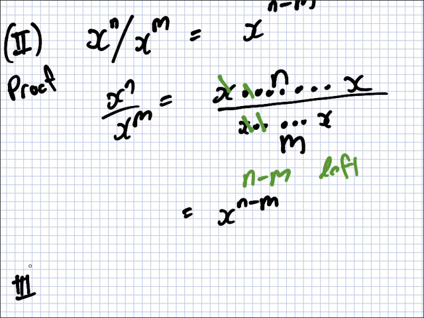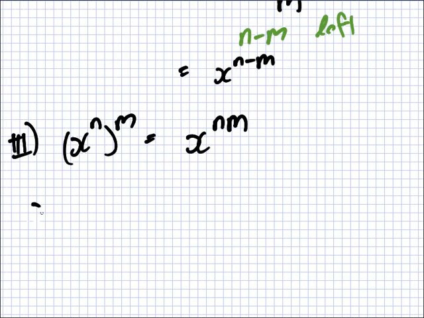Rule 3: (x^n)^m. We haven't seen this one yet in any question. Do we know what this becomes? Times, yeah. n times m. And the proof?